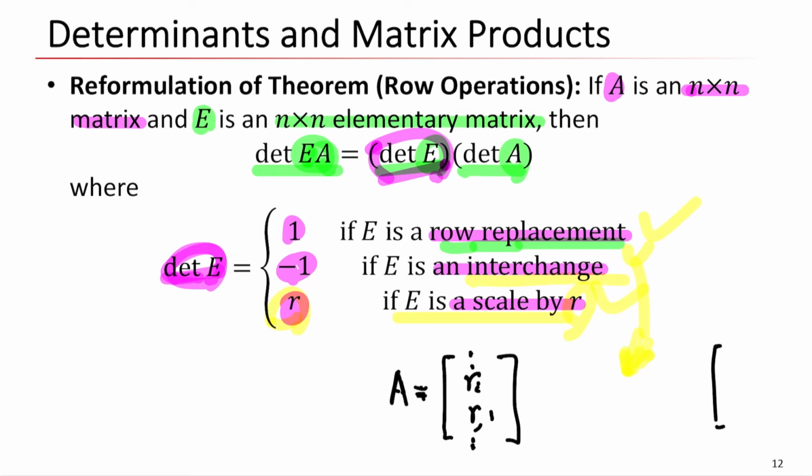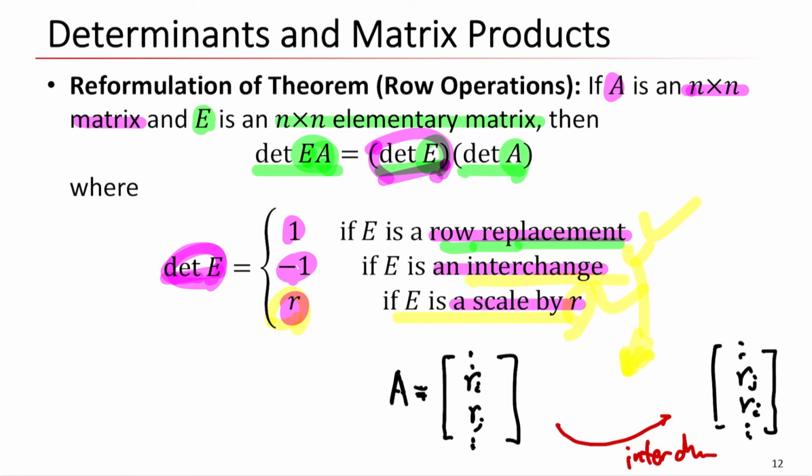Then by using the interchange, we can find Rj, Ri here, something like that, right?